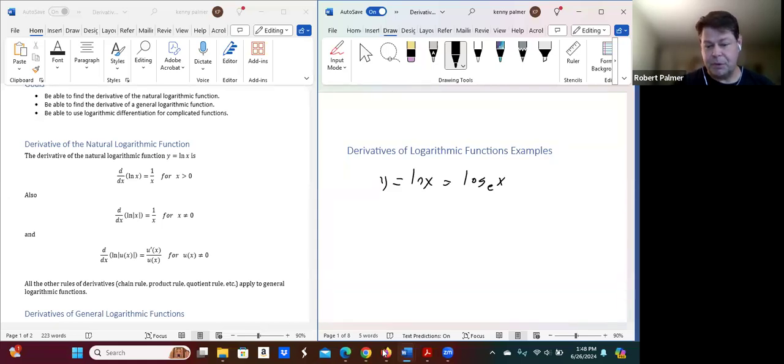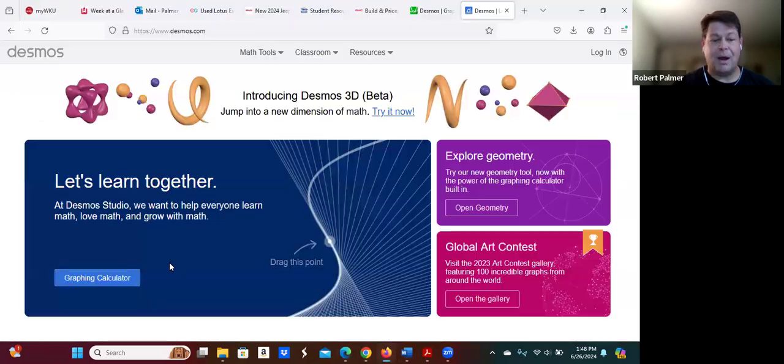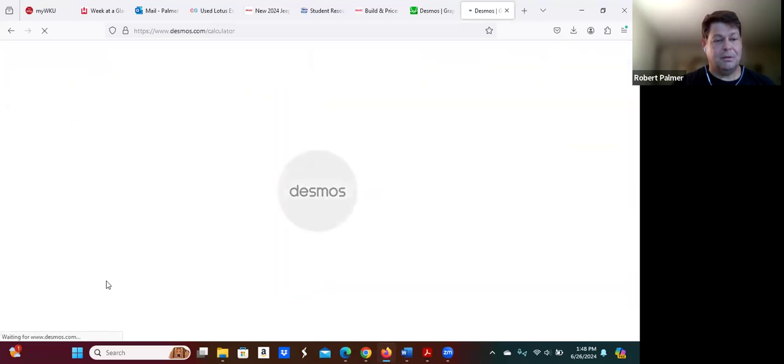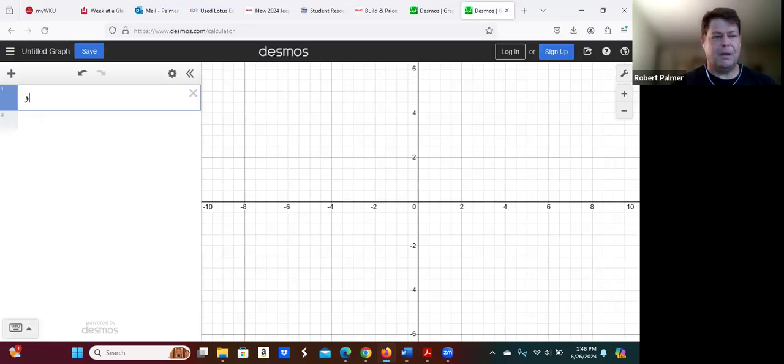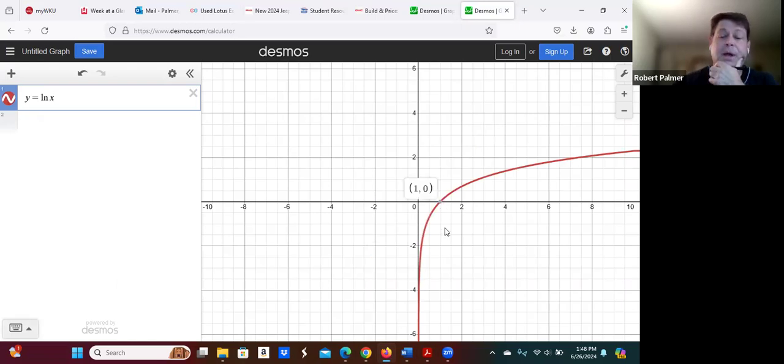Let's go to Desmos really quickly. We'll look at that graph, and then we'll talk about how the derivative is related to it. So y equals ln x. If you remember what this looks like, you've seen this before. The domain is all positive numbers. You can't take the log of 0.